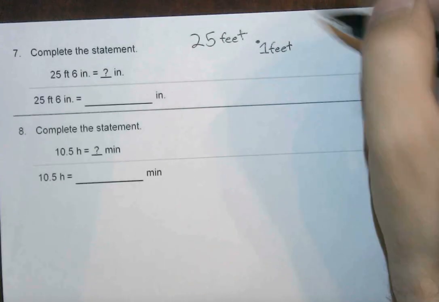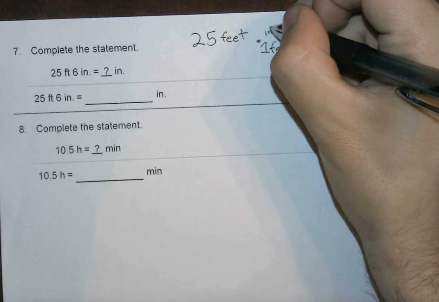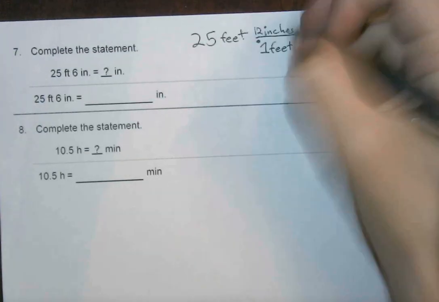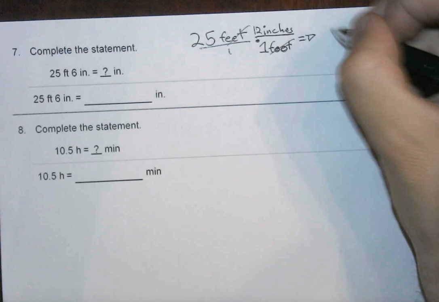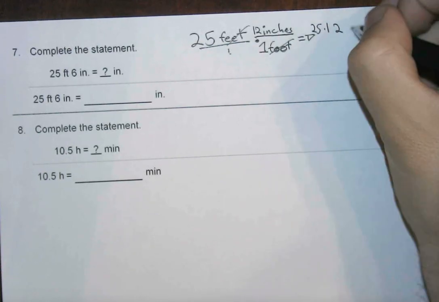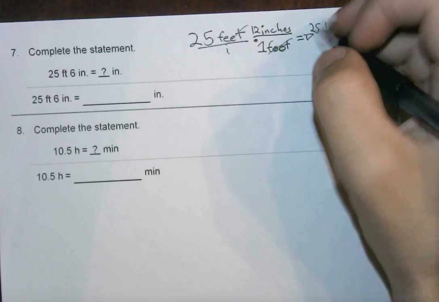We're eventually trying to leave just inches. So 12 inches can represent 1 foot. Eventually, you'll see feet cancels feet. This leaves you with 25 times 12 inches, which is approximately 400.